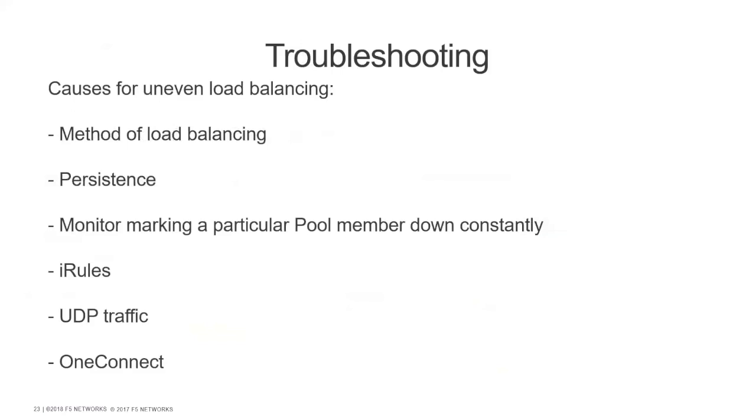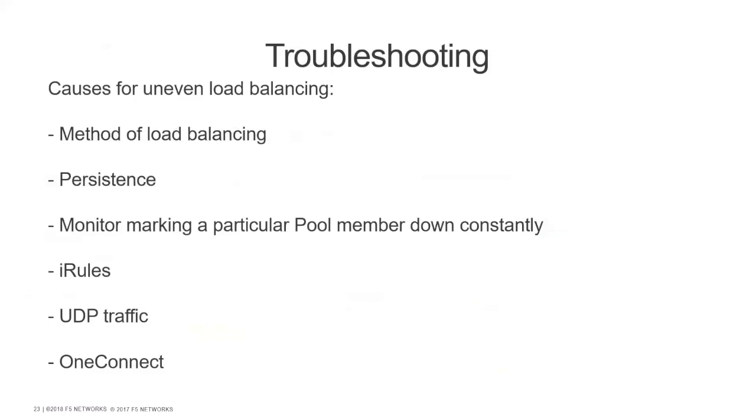Also, monitors marking a pool member down constantly. If you only have 2 servers and one of them is always down, traffic is only going to hit one of them. iRules as well. There are some iRules that might persist clients to certain pool members. This is important to note. And UDP traffic.